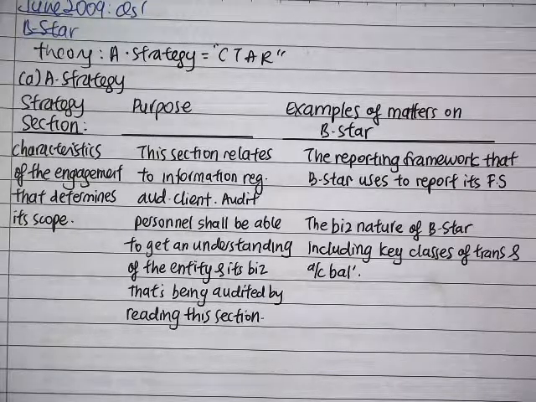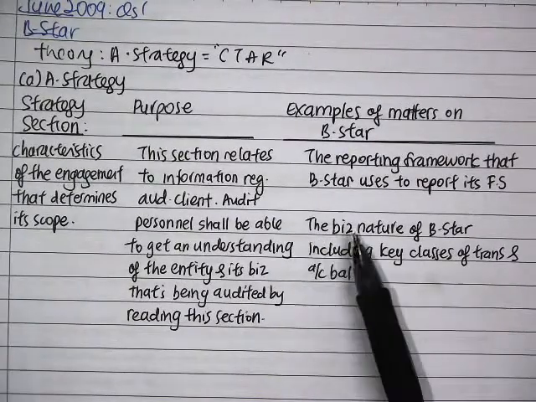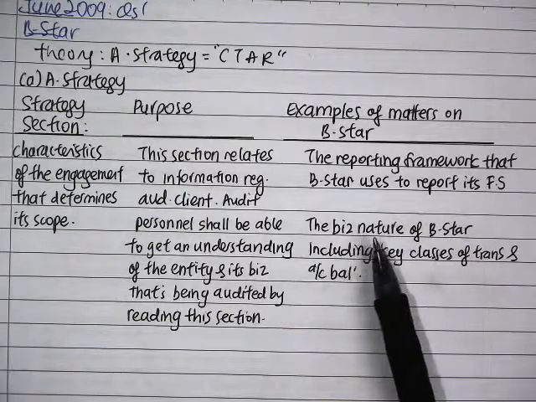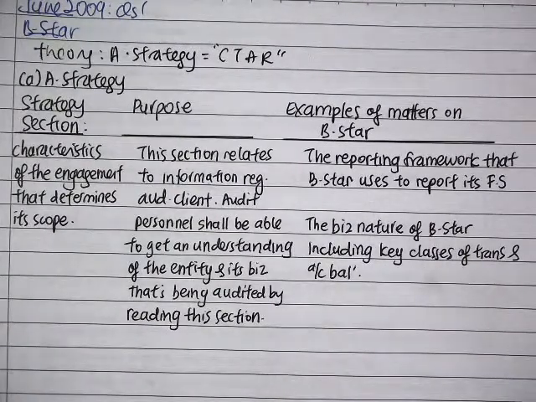All these are examples of what you read from the first section of the strategy. If you recall in the notes, we have a table that lists so many things. You can write anything. You can even say, for example, what reporting currency B Star uses to report its financial results. All these are examples of matters that relate to B Star.